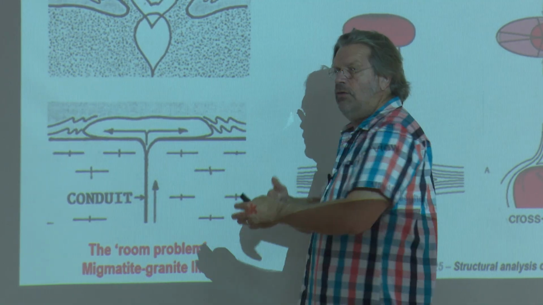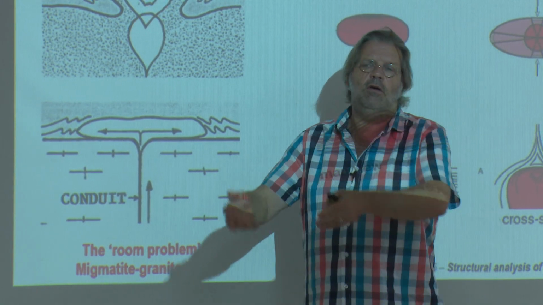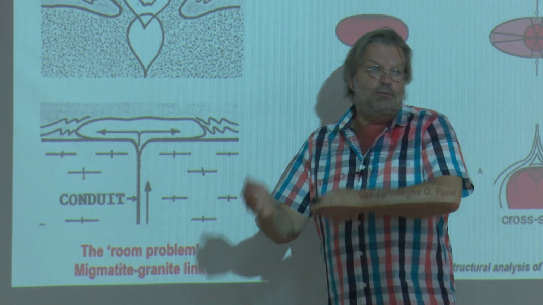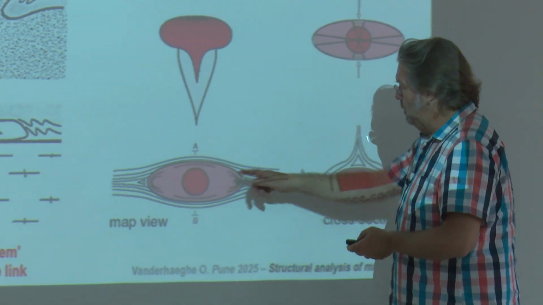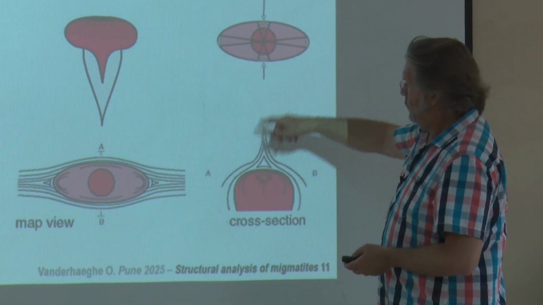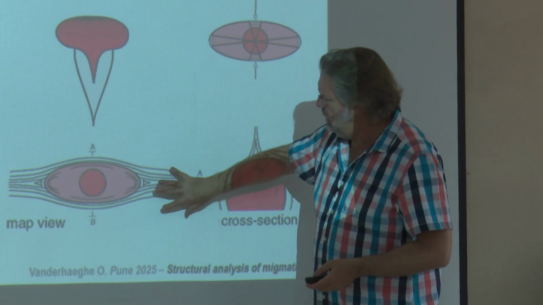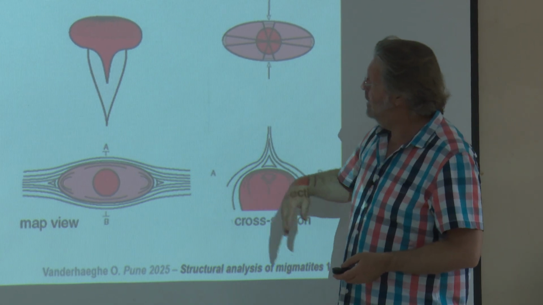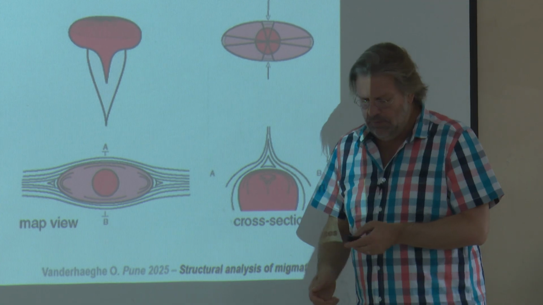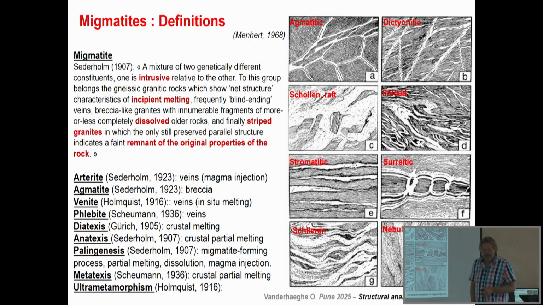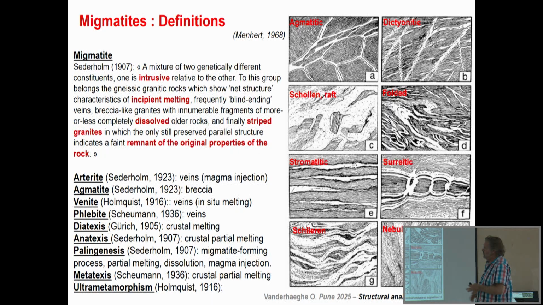Was the granite also deformed at the time of emplacement, or is it post-deformation, post-structures, or pre-structures? So you need to take many measurements of foliation, lineation, and so on, inside the granite, outside the granite, and see how it looks in map view. So these are the general motivations.